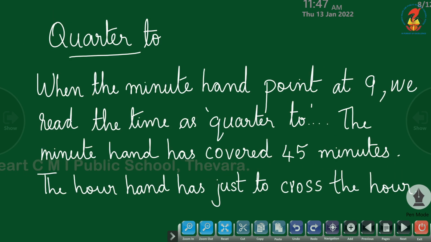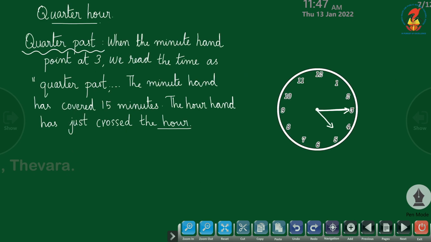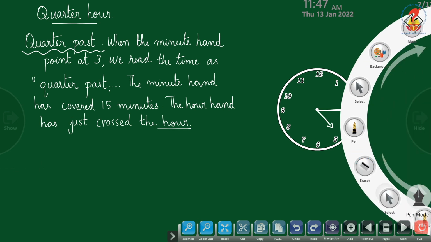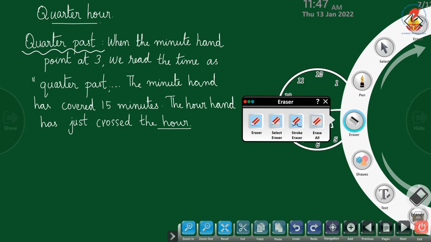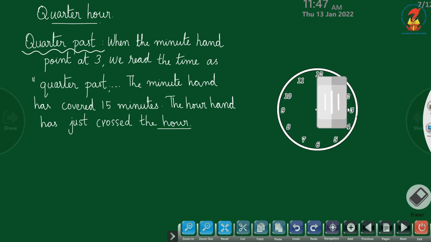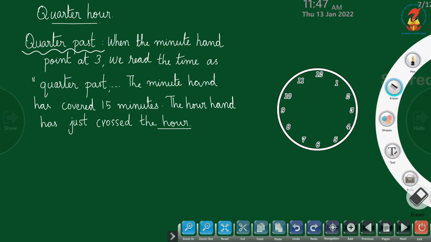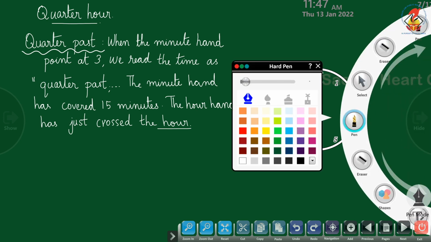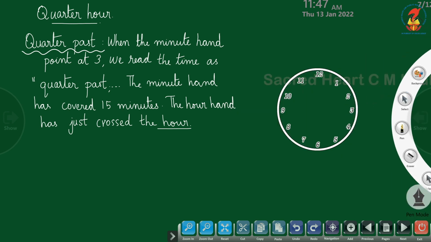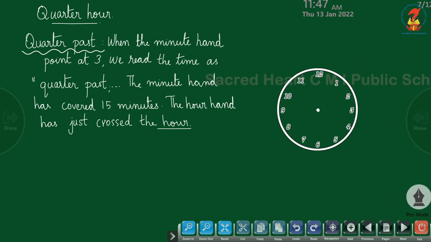So next is quarter to. Quarter to, when the minute hand points at 9. We already drew one clock here, so we can draw here also. Quarter to means the longer hand is on 9, the smaller hand is on 10.